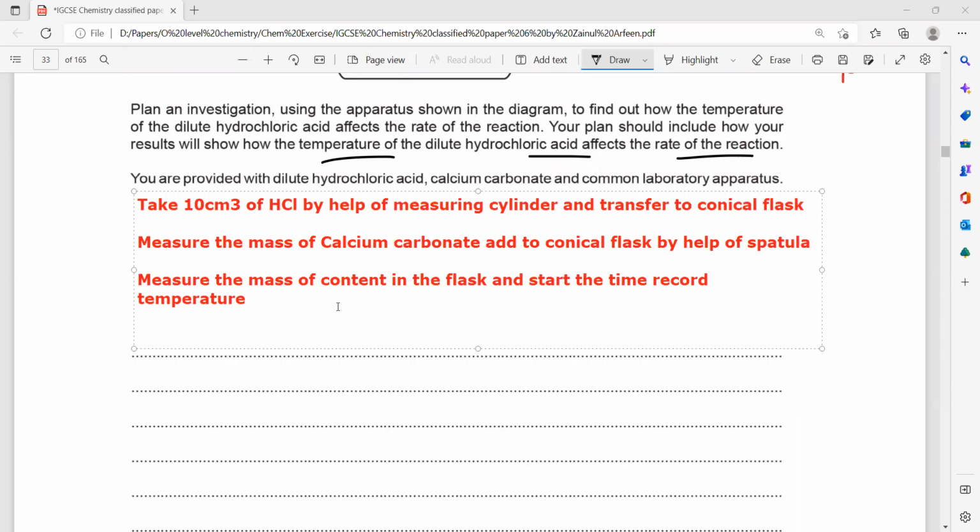You can also write add a known mass of calcium carbonate. That is also correct. Then record the change in mass after every 30 seconds, for 3 minutes or 5 minutes, you can also mention.